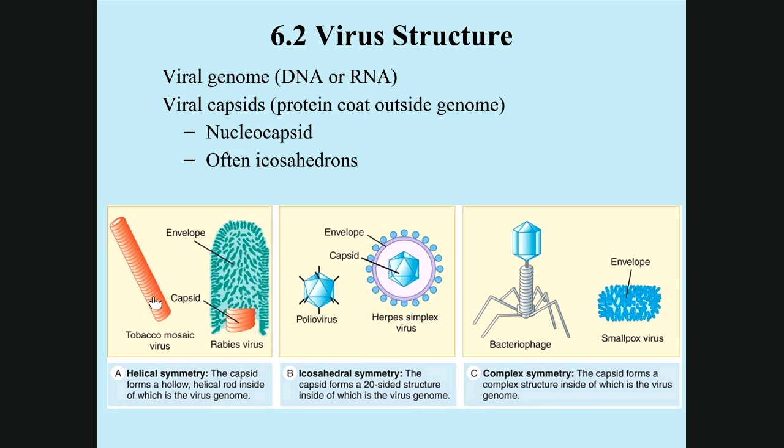The next one then is this fancy little geometric design one. It's called icosahedral, and it has just multiple sides, and it's kind of crystal looking. And then they can be complex. So this one obviously has an icosahedral top, but then some more appendages off on the bottom. And so they do come in very different types of complex structures.